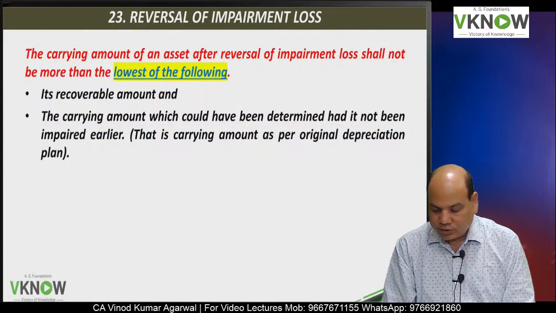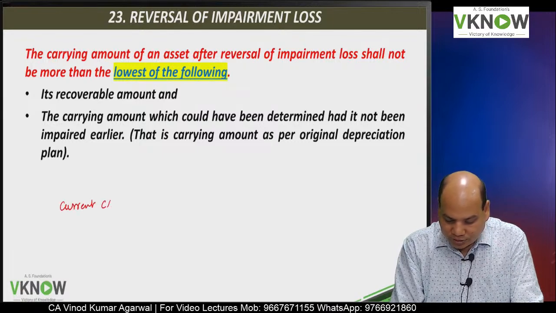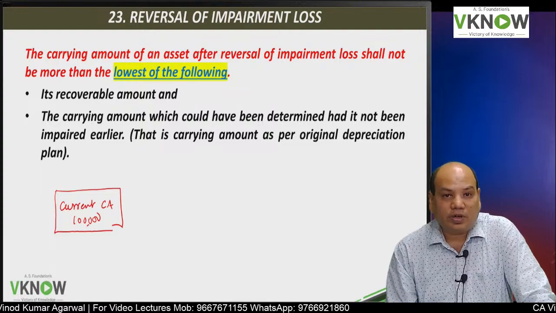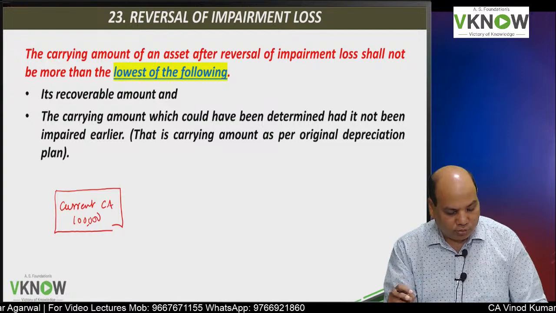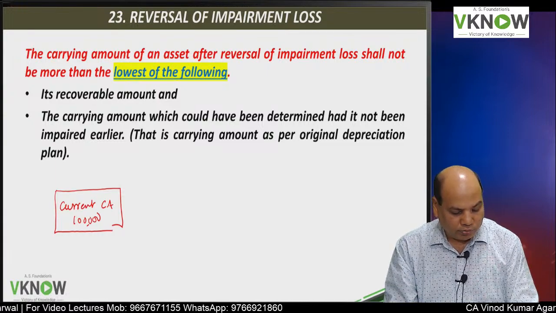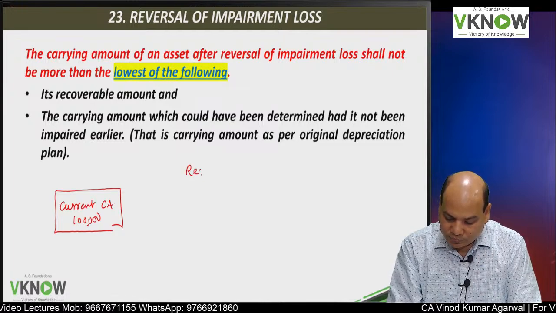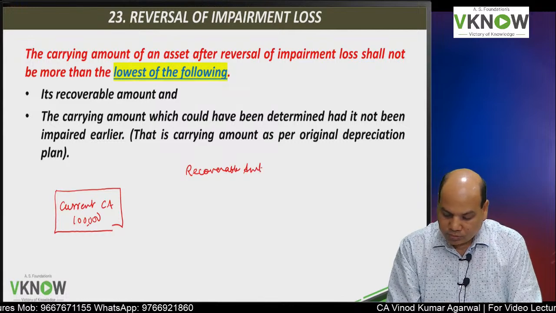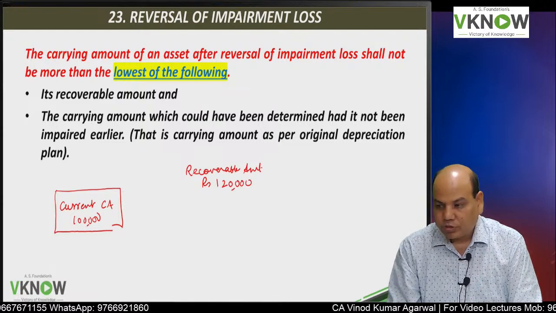Okay, let us understand. Your current carrying amount is 1 lakh rupees. On the date you have an indication of reversal of impairment, find out the book value, and you find your book value is today 1 lakh. Calculate two things. Calculate recoverable amount, suppose it is rupees 1,20,000.